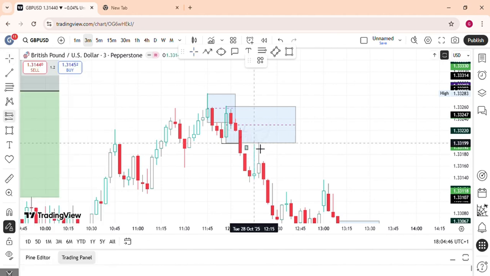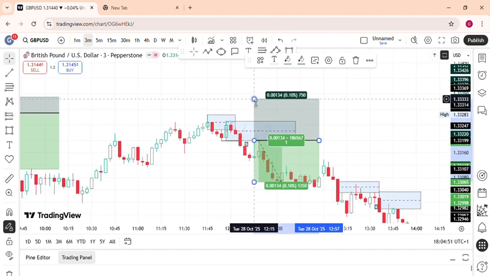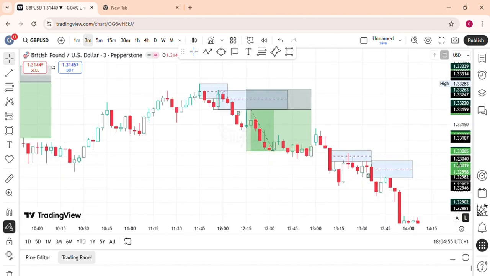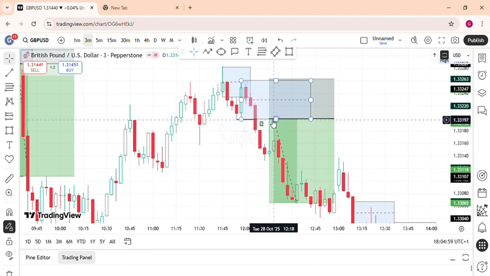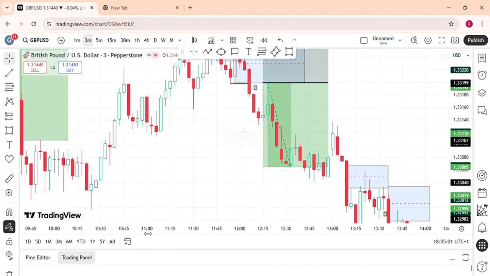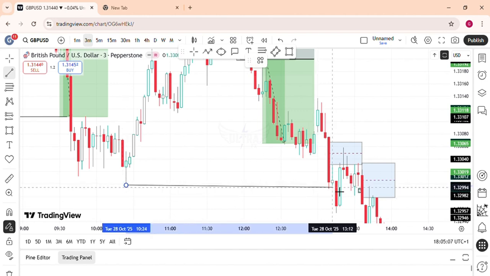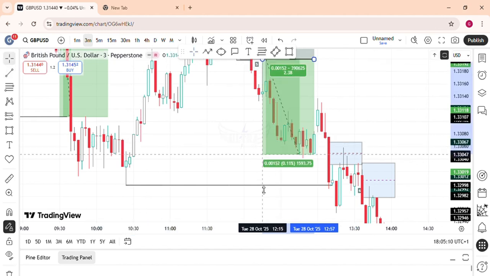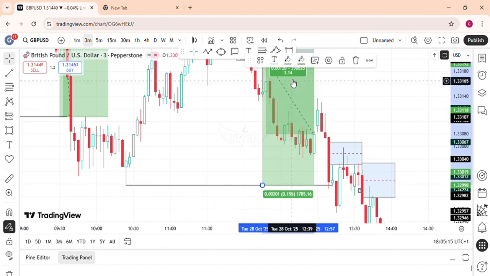So we have a high, which is our stop loss, our entry here at this fair value gap, and our take profit would be at your swing low here. And this is giving us a 3.14 risk to reward ratio for our trade number 5.